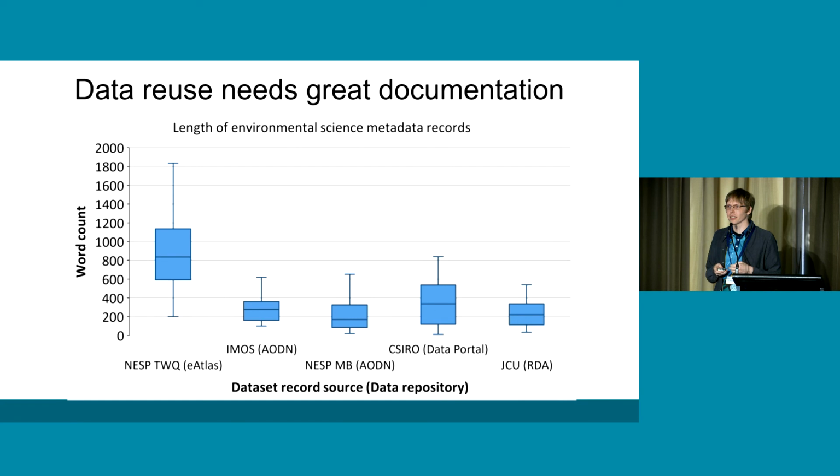So here we can actually see the records that were produced under the NESP are typically 3 to 4 times more detailed than on average. So that's a really good result, and it's a really simple thing to apply in the future.